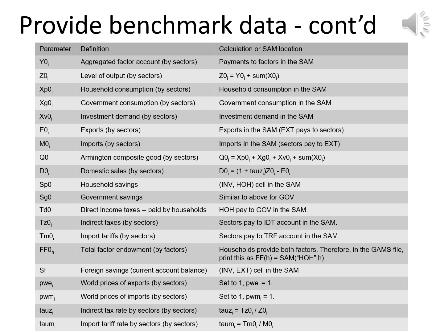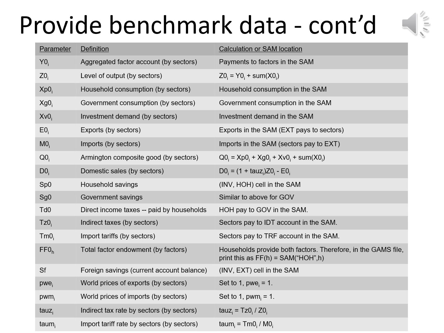So, and don't forget to put semicolon. Okay, this is what you will write for household consumption. And if you look at the explanation on calculation or SAM location for XP0, you will see that it's household consumption in the SAM. So you know how to find it. It is the household column and the industries or activities account, milk and bread account row.